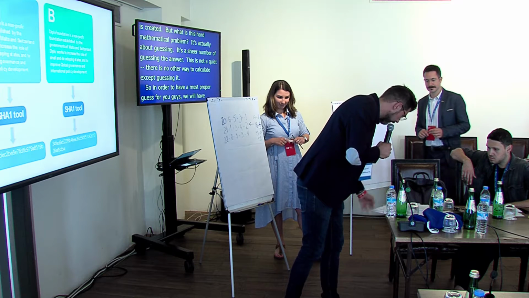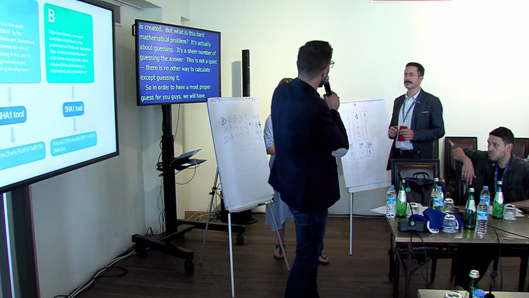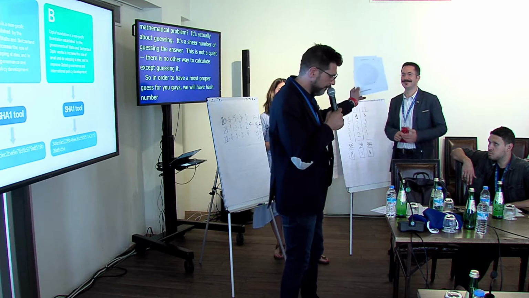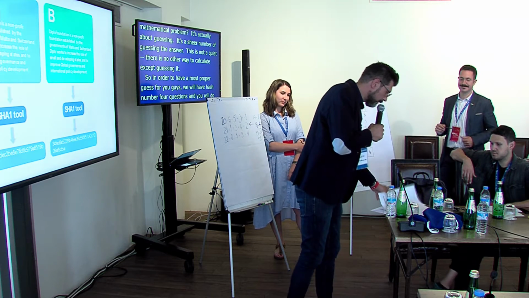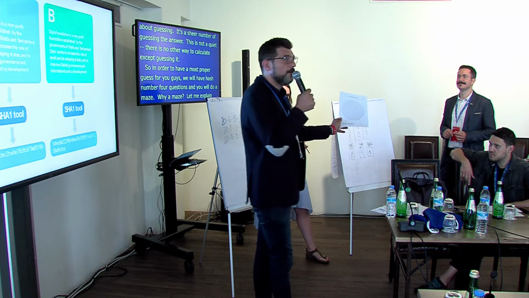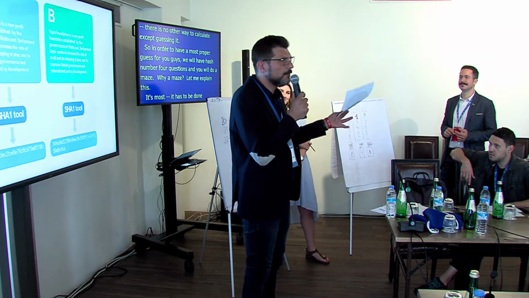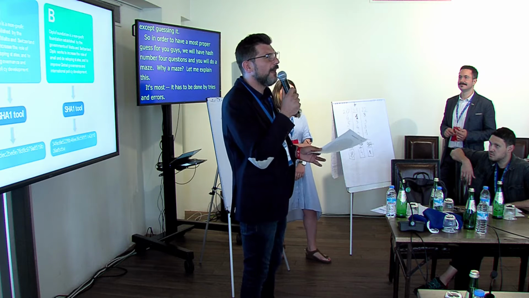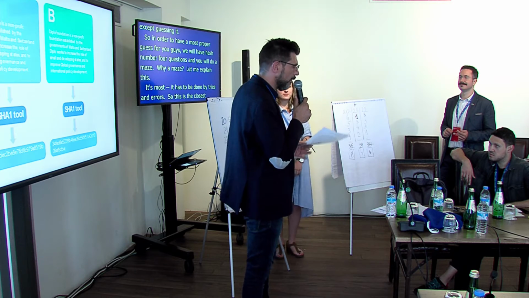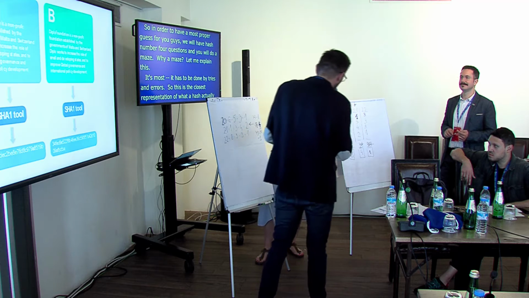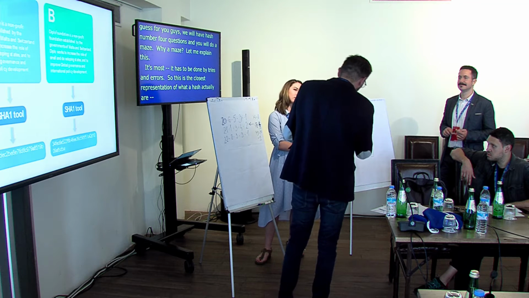And you will do a maze. Why a maze? Let me explain. It has to be done by trial and error. So this is the closest representation of how you solve the block header of a block.